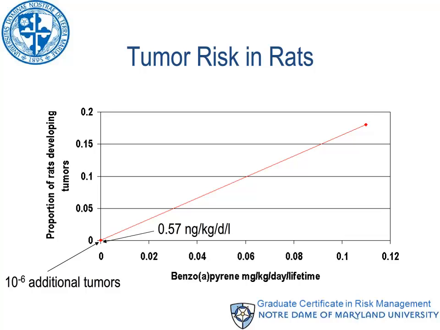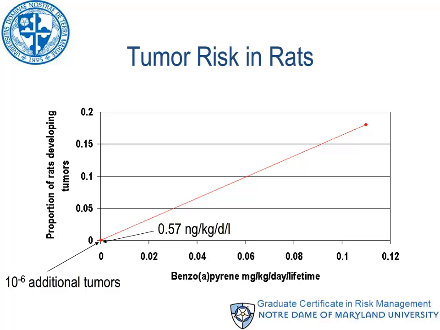So this is what it would look like graphically, although it's not very illustrative, is it? On the vertical axis, we have a proportion of rats developing tumors. So we would be looking for 1 in a million chance or 1 in a million additional tumors. And that would be a number way down here near the 0 point.